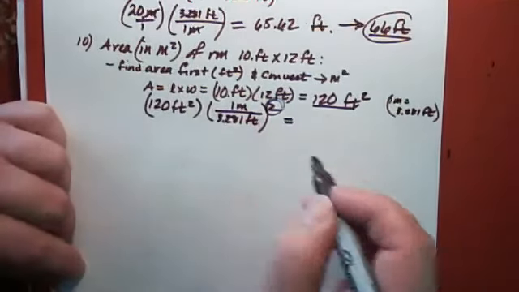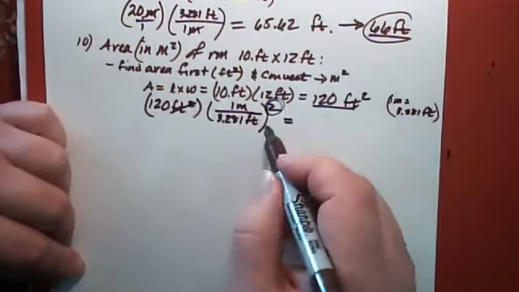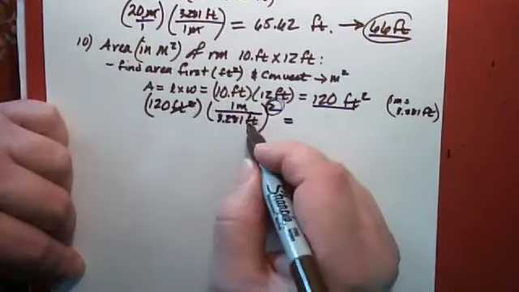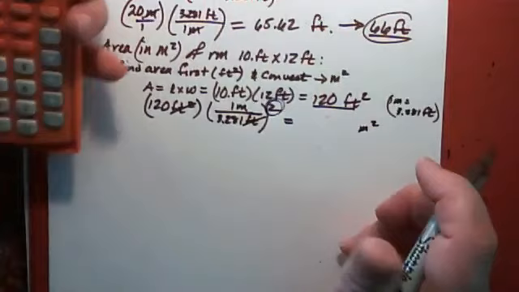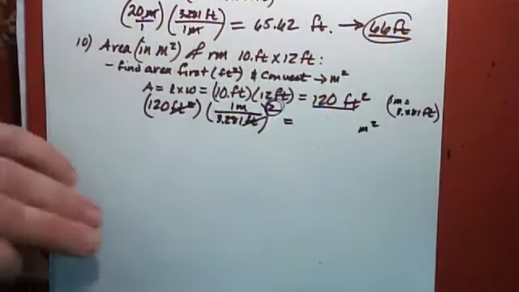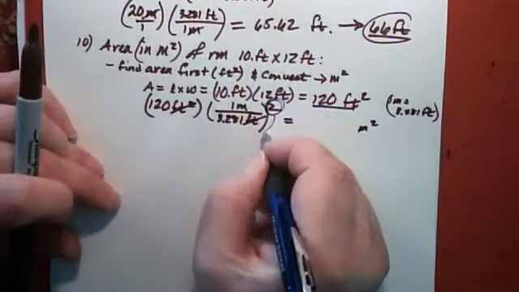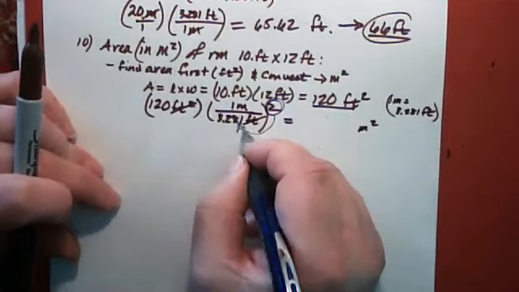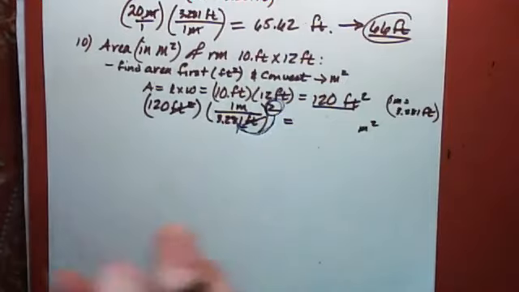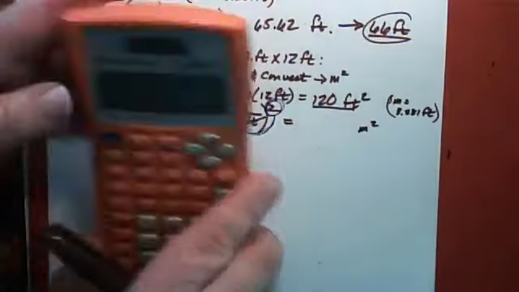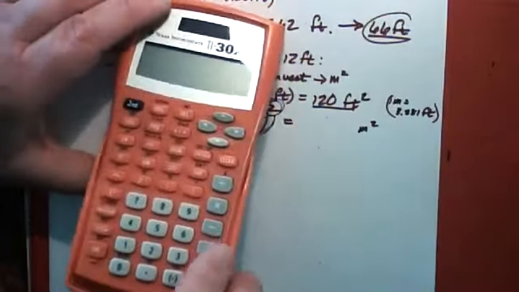Square feet cancel with square feet. Square meters will be the unit. And remember that this too applies to the number also. So you're dividing by 3.281 to the second power. And you can do that like this.